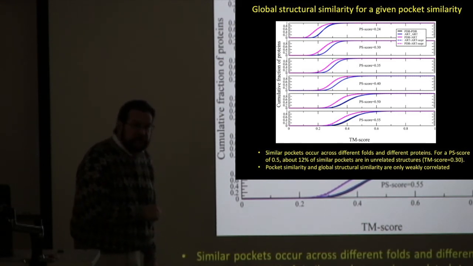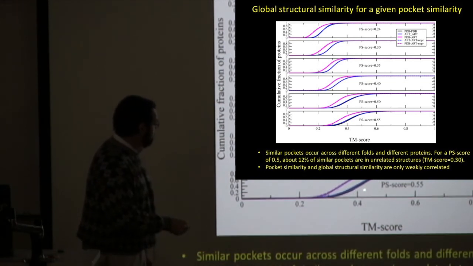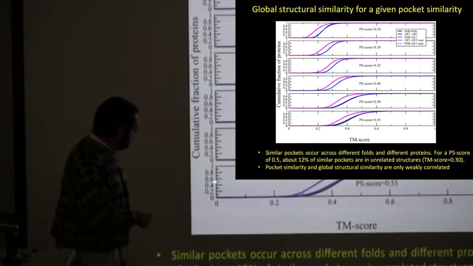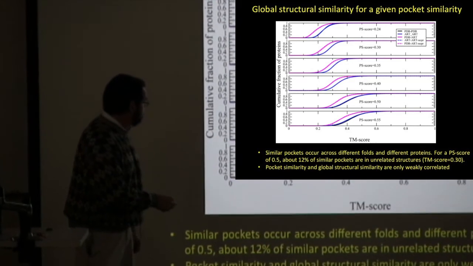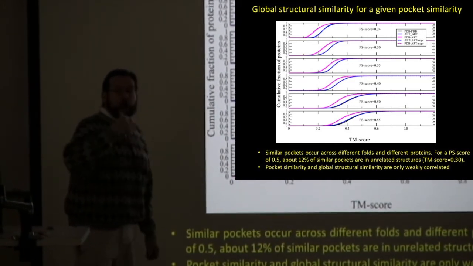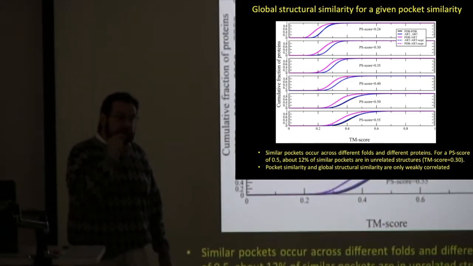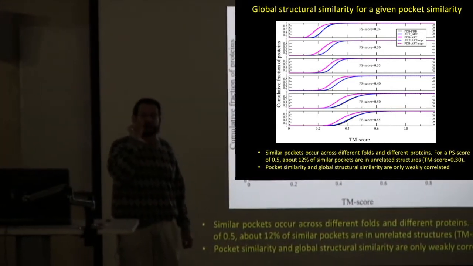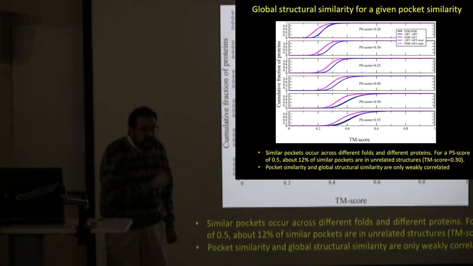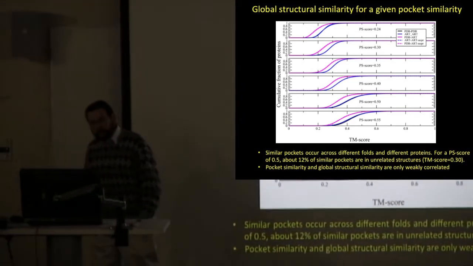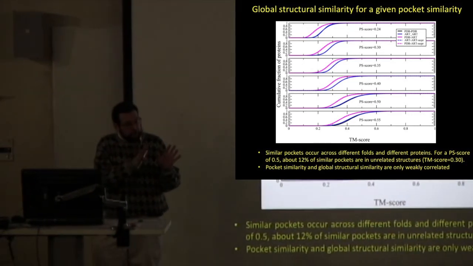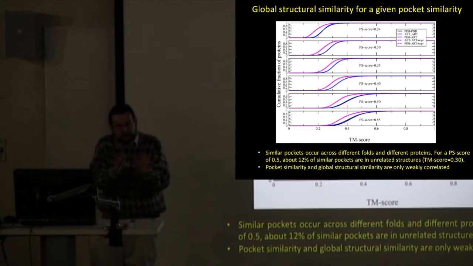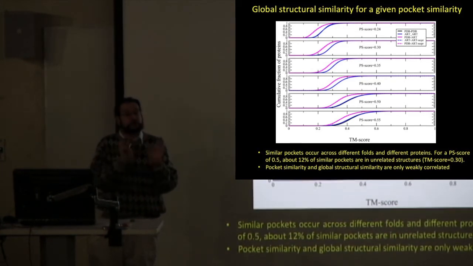If you ask me what is the fraction of structures that have that pocket at that similarity, you can pick this one if you don't like it. There's more, but still, here we're only talking about maybe 40% that are in structurally unrelated proteins. Most pockets that are similar are not in the same global fold, they're in a different structure. That's all that this is saying. What this is telling you is that while there is a partial coupling of pocket structure and global fold, it's only weak.